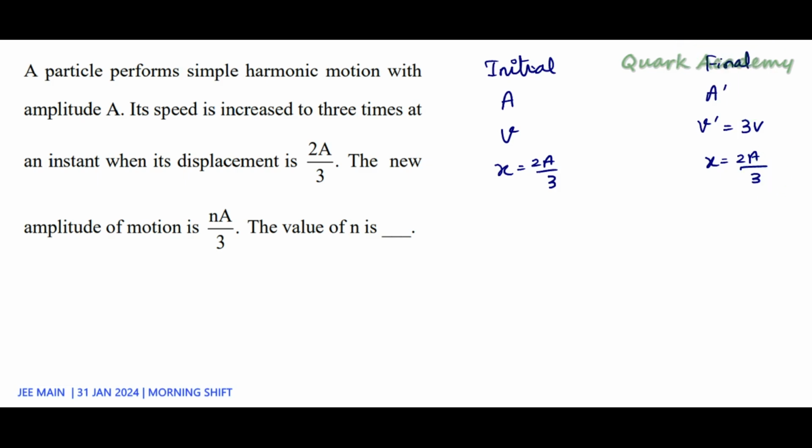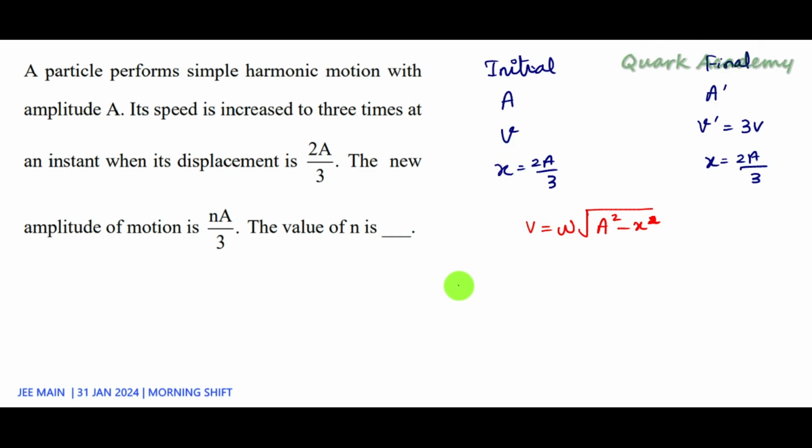So in this problem, the information is given in terms of speed and displacement. So we should know the relation between speed and displacement. That is v equal to omega into root of a squared minus x squared.